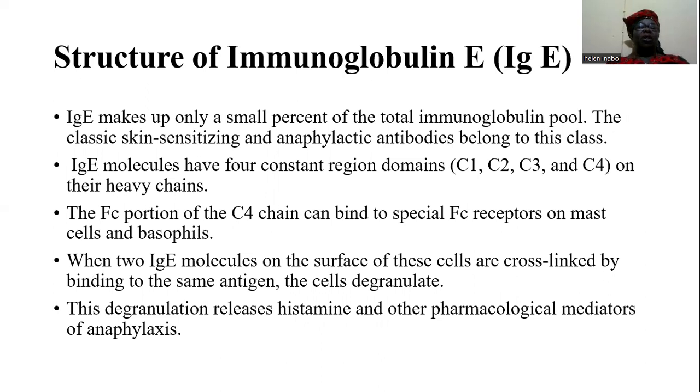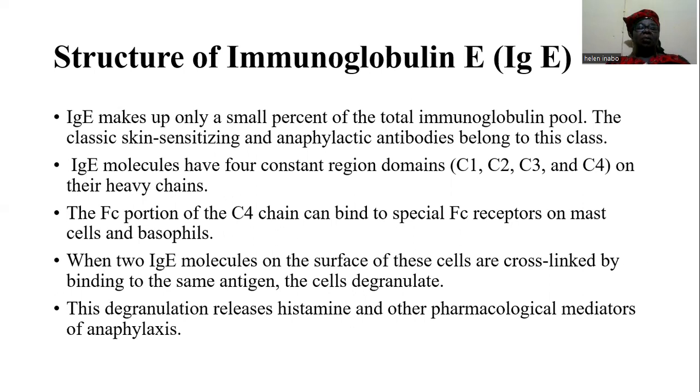Structure of immunoglobulin E. IgE makes up only a small percent of the total immunoglobulin pool, where you have the classic skin sensitizing and anaphylactic antibodies belonging to this class. IgE molecules have 4 constant region domains, C1, C2, C3, and C4 on their heavy chains.